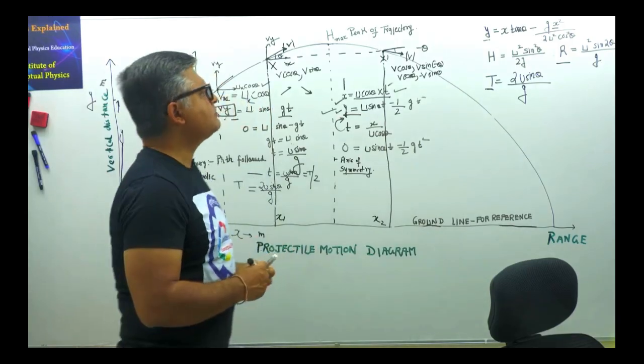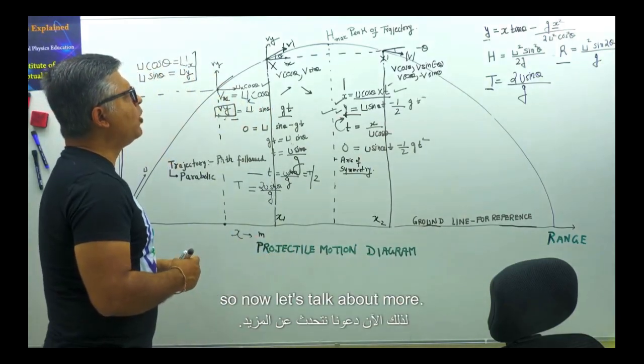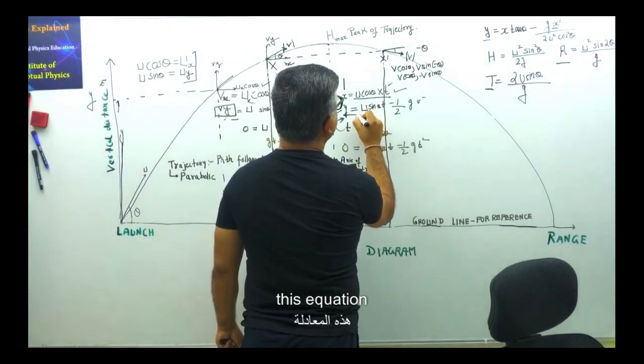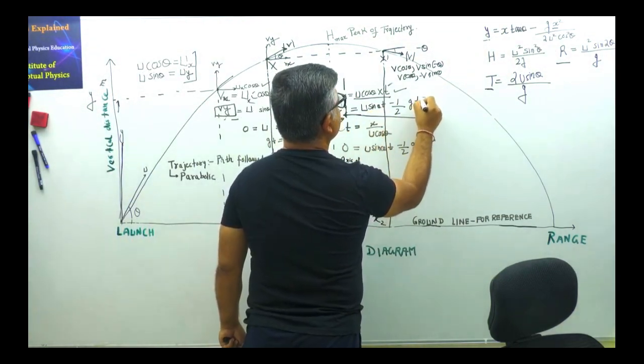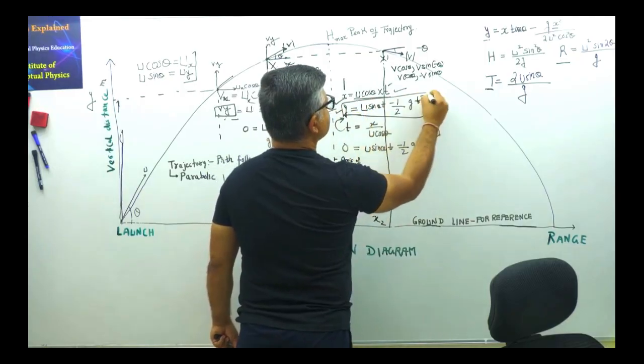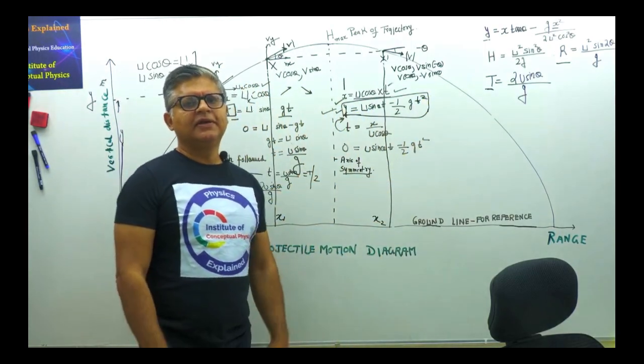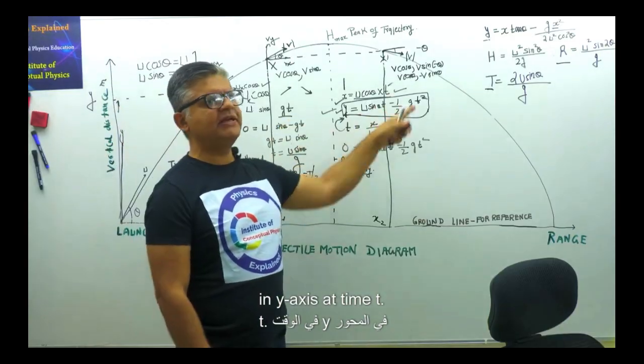All right. So now let's talk about more. Let's look at this equation in the y-axis. This tells you the position of the projectile in the y-axis at time t.